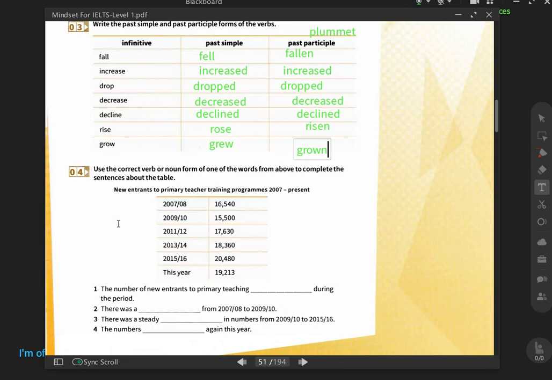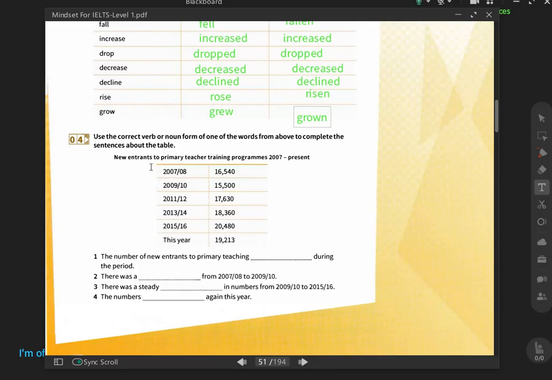Well, now let's see. Use the correct verb or noun form of one of the words from above to complete the sentences about the table. New entrants to primary teacher training programs, 2007 to present. The number of new entrants to primary teaching, okay, which one?